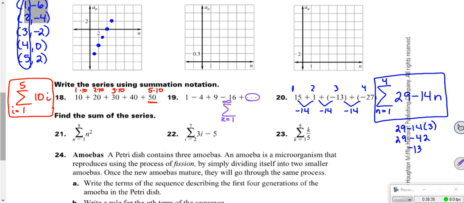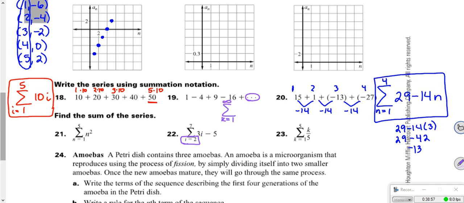All right, 21 through 23, find the sum of the series. So you're literally just poking in the numbers and finding the sum. I think these are pretty straightforward. Keep in mind, though, this one starts at a 2, not a 1.